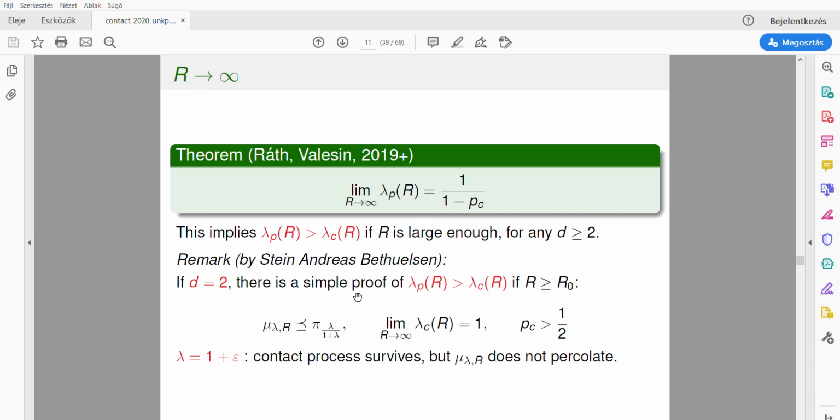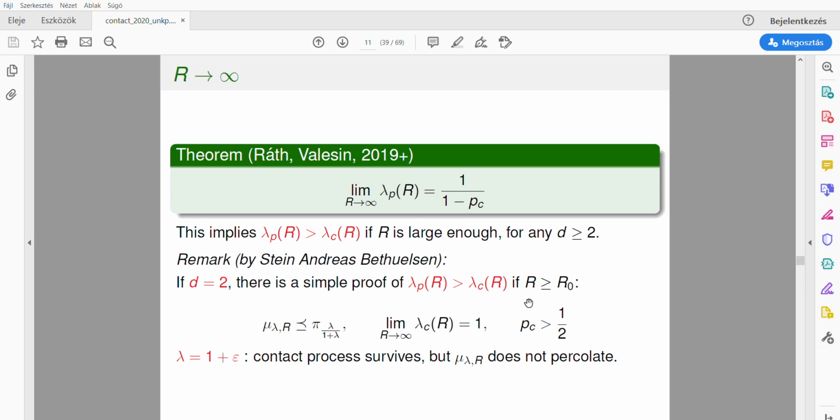So the argument is explained in our paper, and it's 2 lines, but I don't have time to explain it now. But as soon as you believe that this holds, and of course you have already believed me when I told you the result of Bramson, Durrett, and Swindle, namely that when r goes to infinity, then the critical threshold is 1.